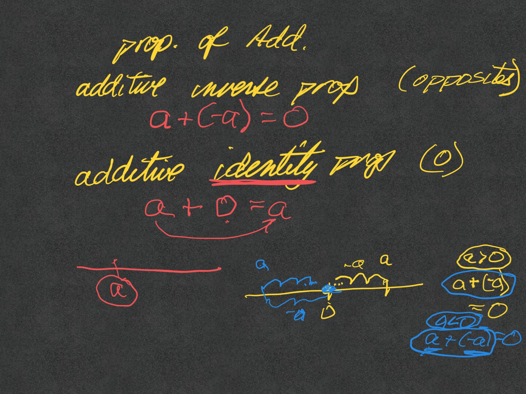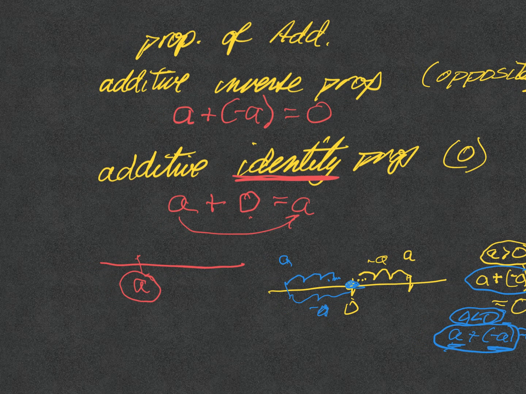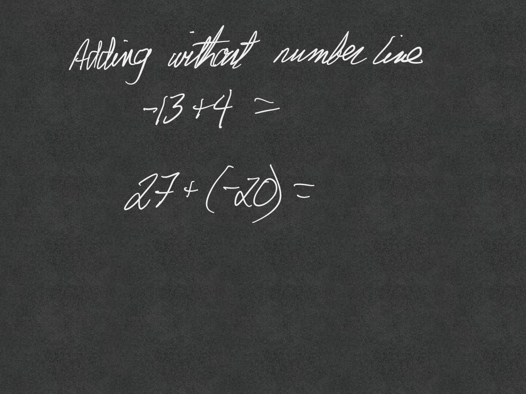Okay? Now, once you have that, you can then use that as you do problems. So, they then talk about adding without a number line, and this is where you get the rules.